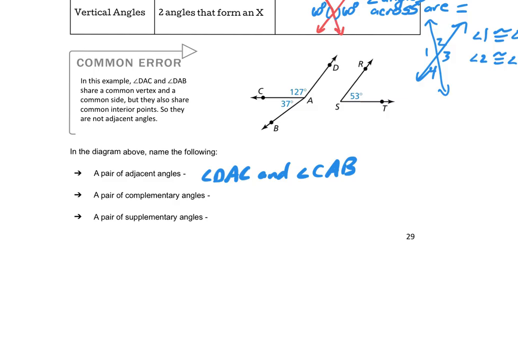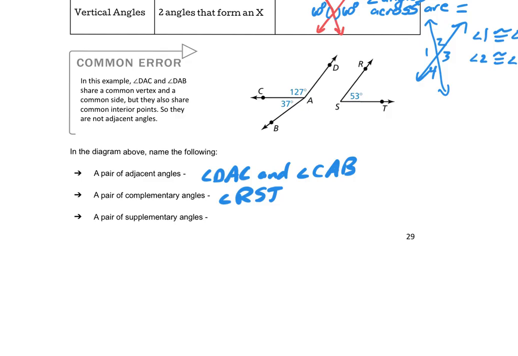Yep, you could go the opposite direction. Can't go SRT because S has got to be in the middle. Angle S would be all right too because it's all by itself. It doesn't have any shared angles. So I could call it RST, TSR, or just angle S. Any of those would be fine. I only tell you that because there's more than one way to name it.